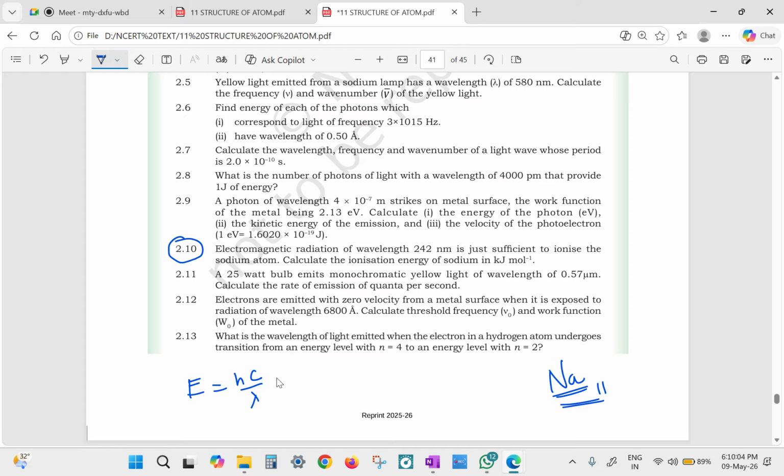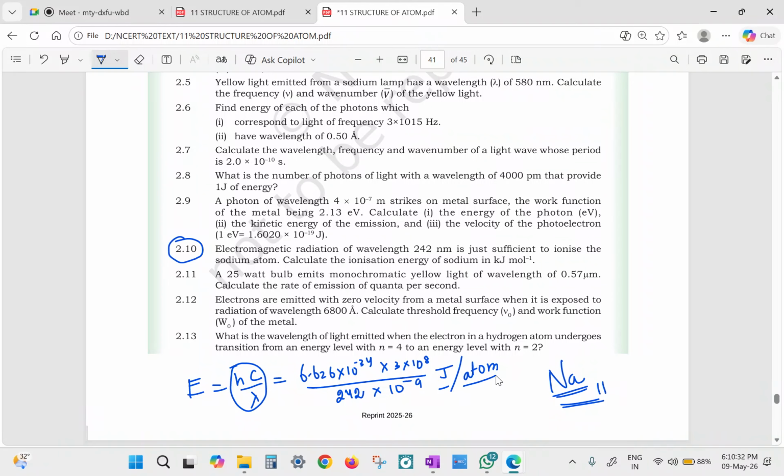So here it is 6.626 into 10 to the power minus 34 times 3 into 10 to the power 8 divided by 242 times 10 to the power minus 9 joules per atom. Per atom, very important. One photon having so much energy will only knock out 1 electron from 1 atom.